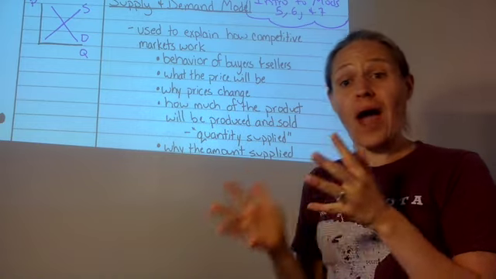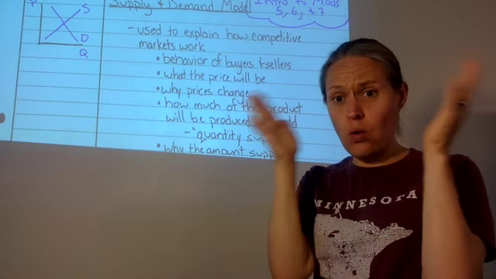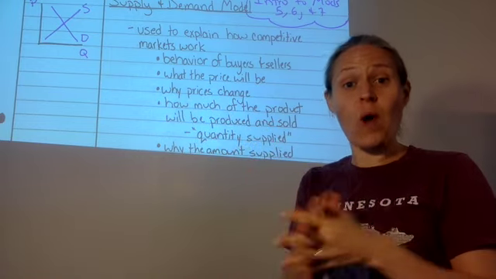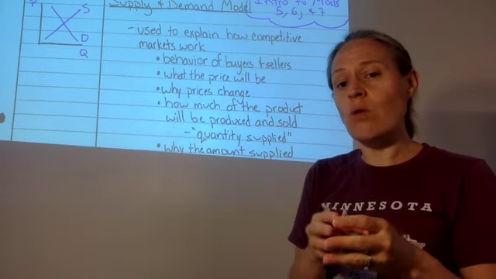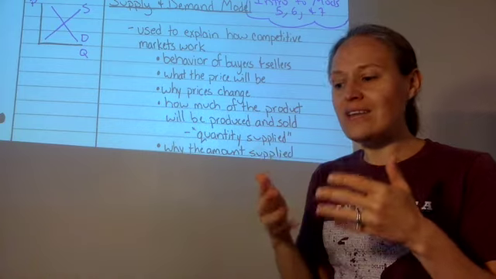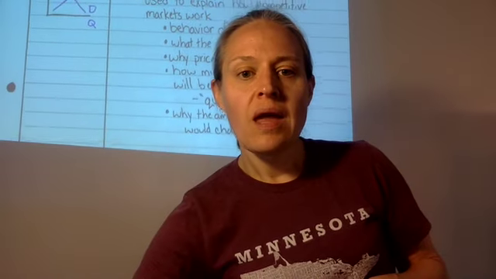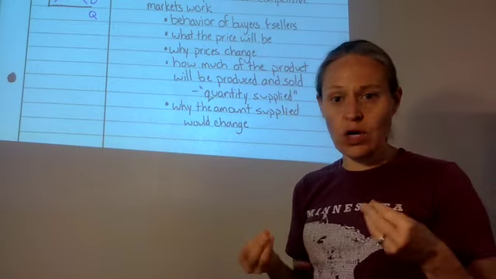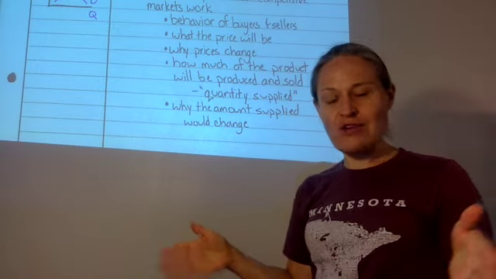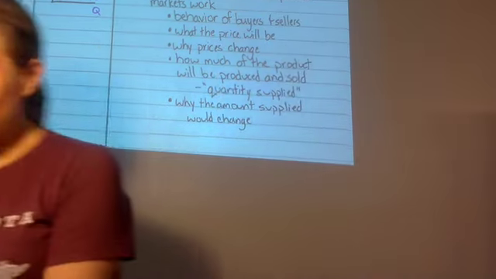It'll tell us why prices change, when you're like, whoa, why did the price of that go up? We'll talk about why that would happen, and how much of the product will be produced and sold, which is called the quantity supplied, and then why the amount supplied would change. That's what we're going to learn about for the rest of this unit in modules 5, 6, and 7.